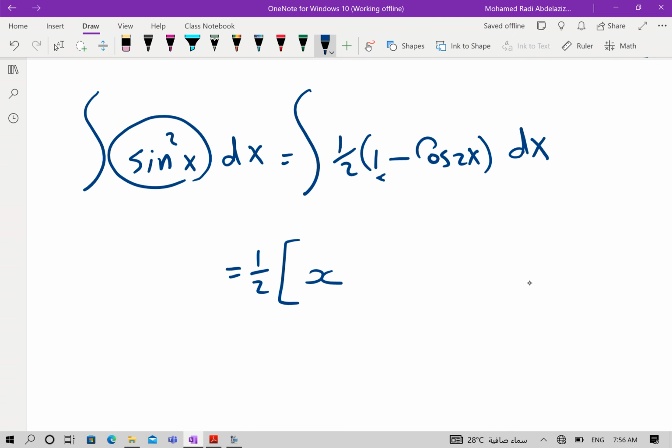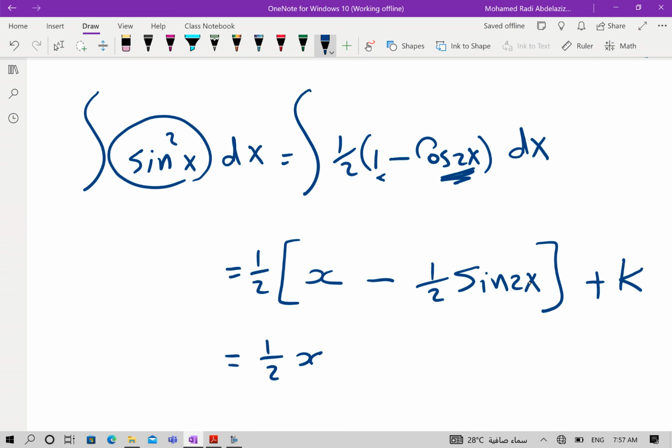Integrate 1 is x minus. We explained how to get integrate of cosine 2x: 1 over 2 sine 2x, which is 1 over a, then sine 2x plus k. You can expand, it will be half x minus a quarter sine 2x plus k. This is the integration of sine squared.